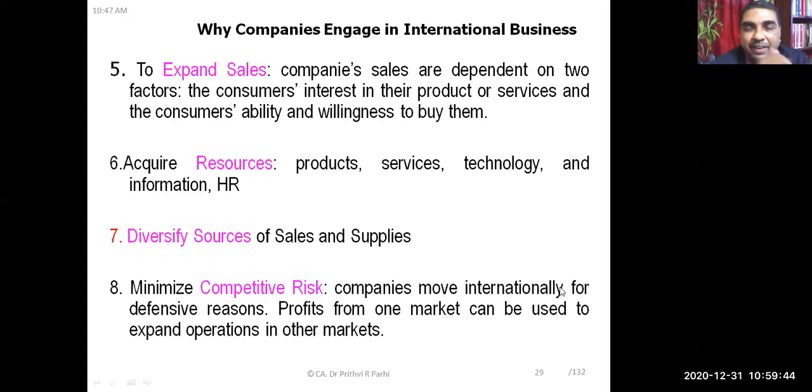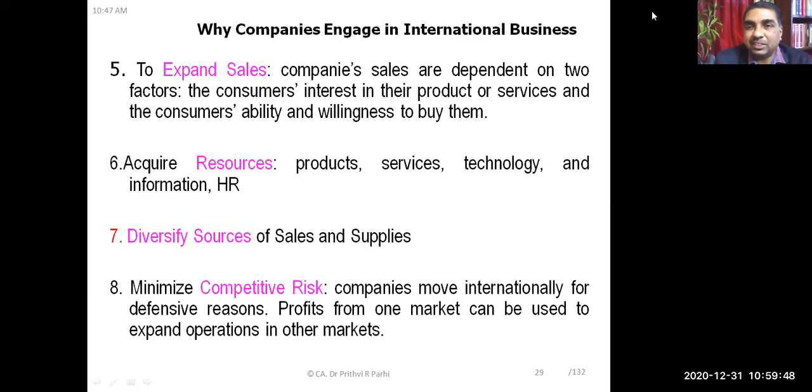Yes or no? Yes, sir. So instead of doing one business, if you enter into multiple businesses, your risk will be less. This concept is called diversification. We need to diversify the business into various things.